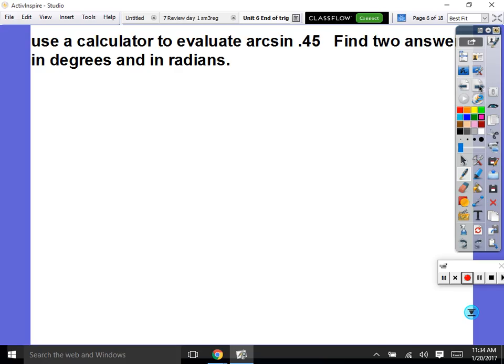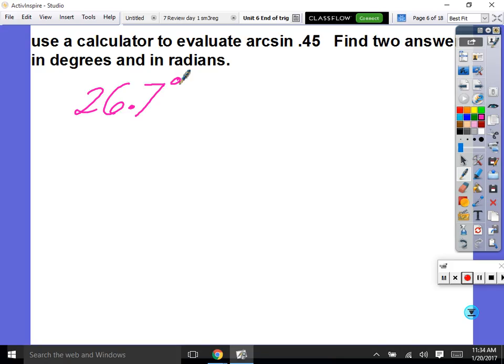So, use your calculator to evaluate. Everybody type in arc sine, which means inverse sine, so second sine, of 0.45. So this is what we've got: 26.7 degrees. Now remember what arc sine means.